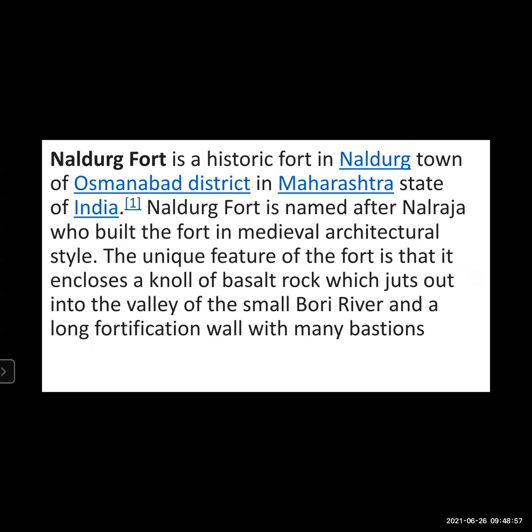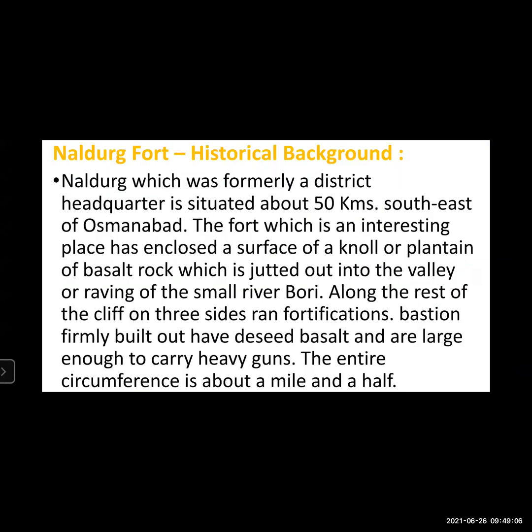And we learned about Naldur Fort, a brief history of Naldur Fort, and I have also shown you the video of Naldur Fort, how it looks like. So whenever you go for a visit with your teacher, you will know about the entrance and everything about Naldur Fort, as you have already studied about it.